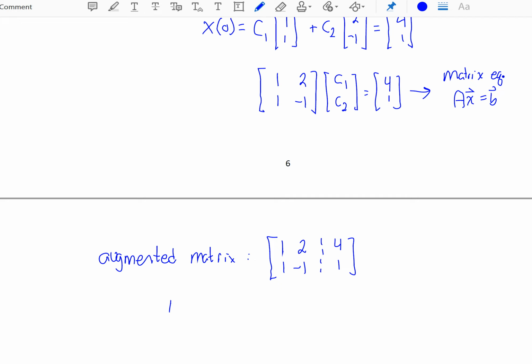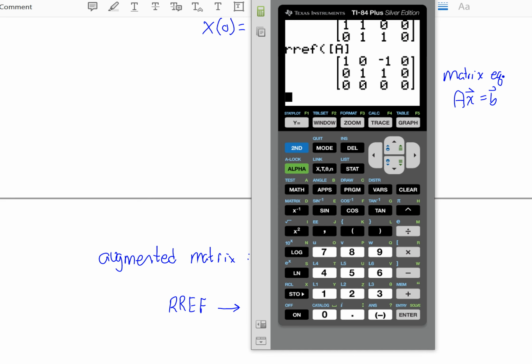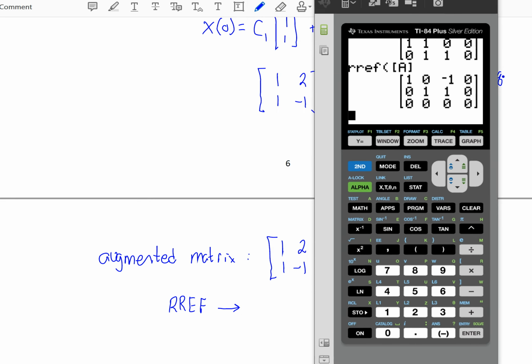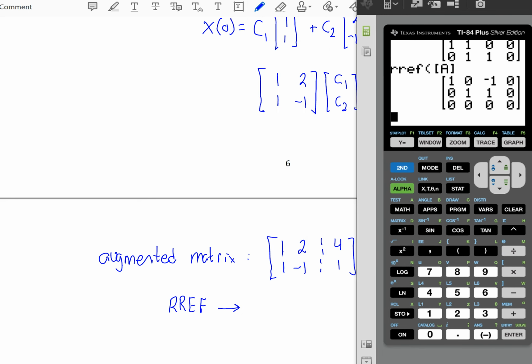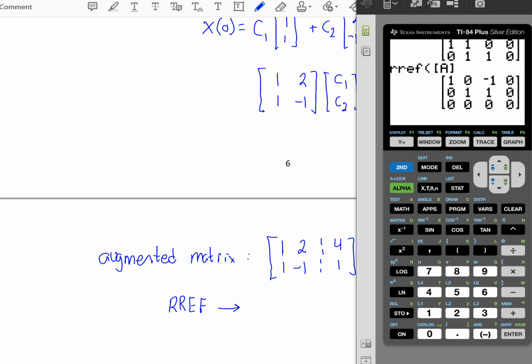And then I'm going to look at the RREF of this matrix. So if you have your calculator, pull that out. And let's enter our matrix.